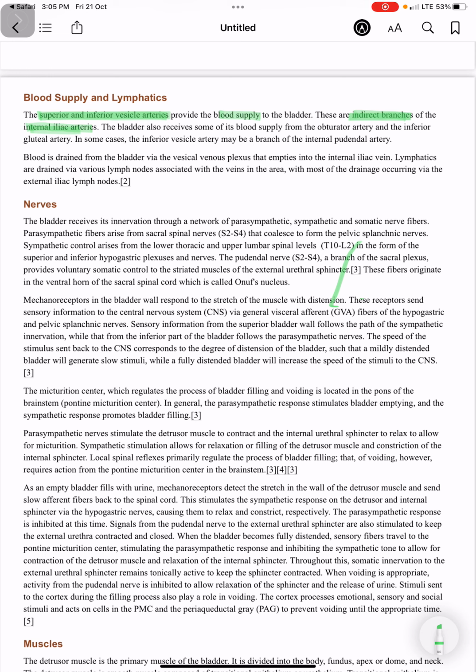Apart from the superior and inferior vesical arteries, which are branches of the internal iliac artery, the bladder also receives some of its blood supply from the obturator artery and the inferior gluteal artery.